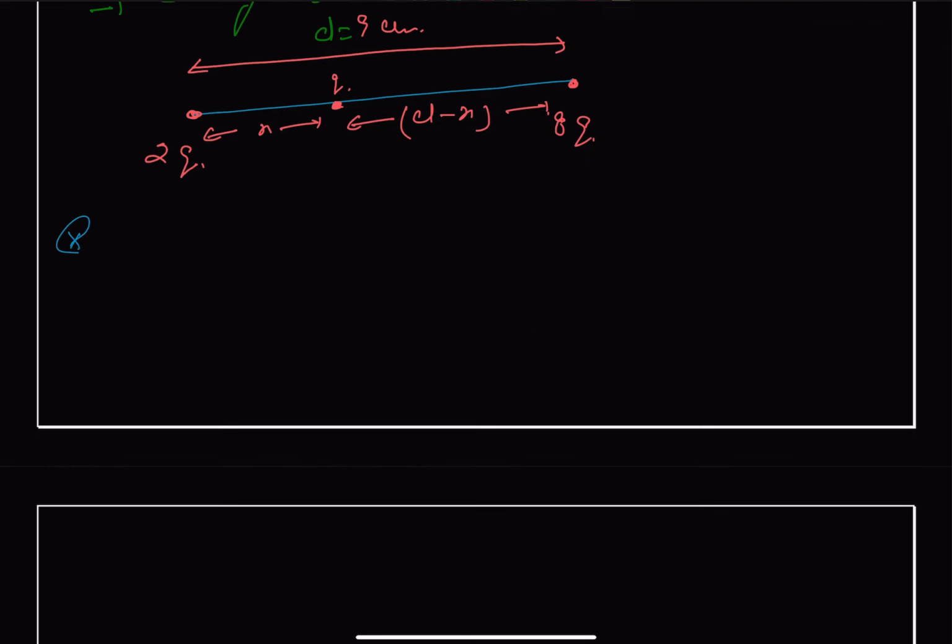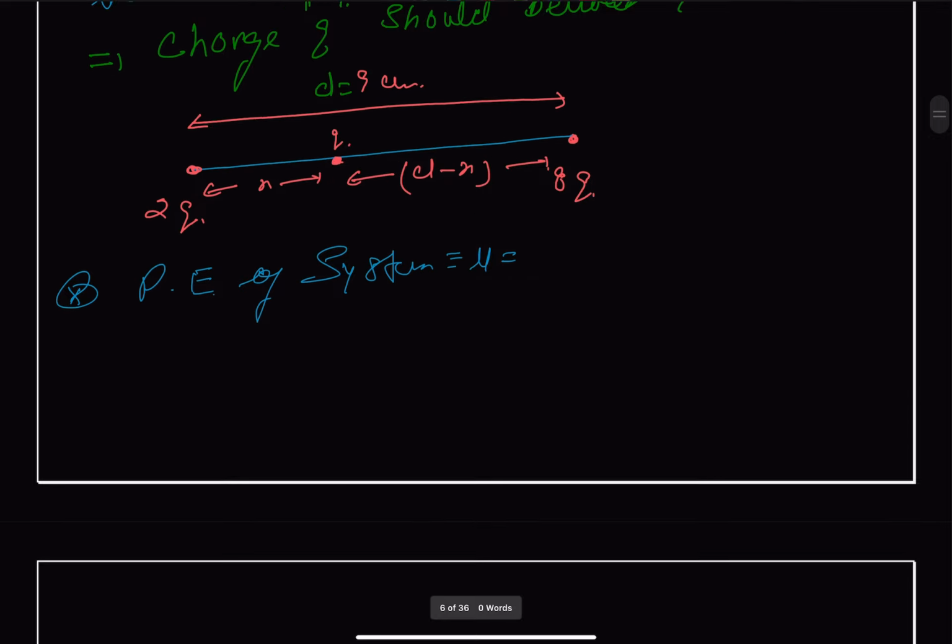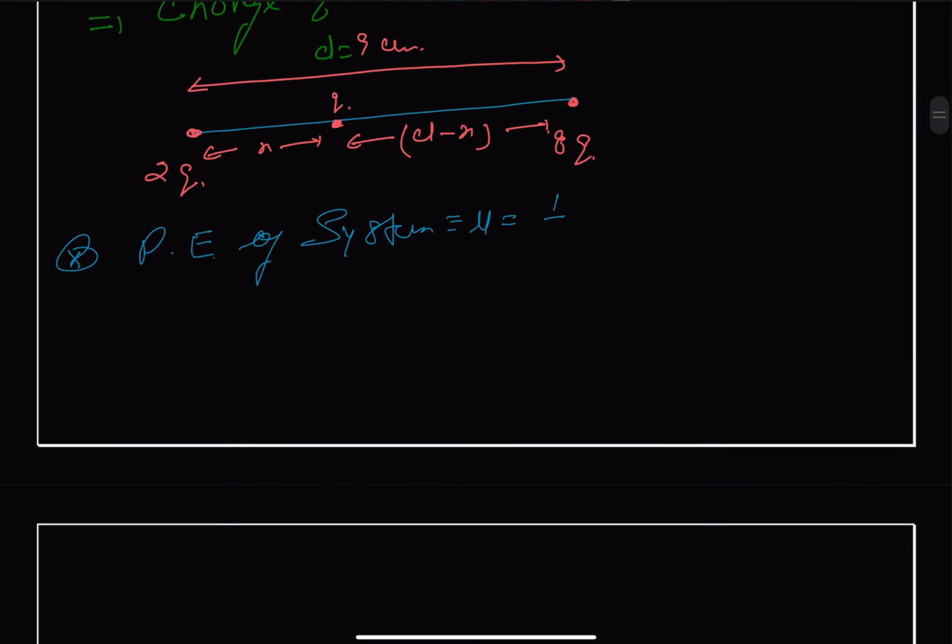So we can say potential energy of the system, that is our U, and one parameter, 1 upon 4 pi epsilon naught, will be common.